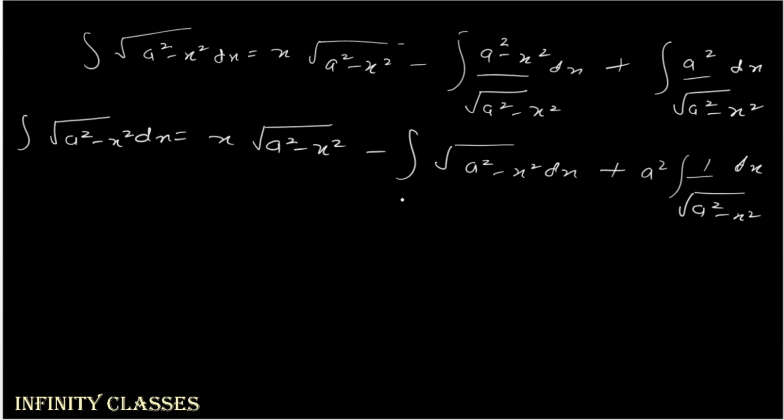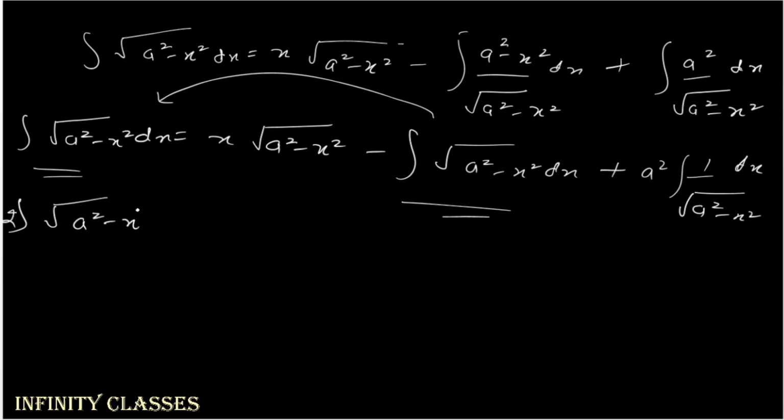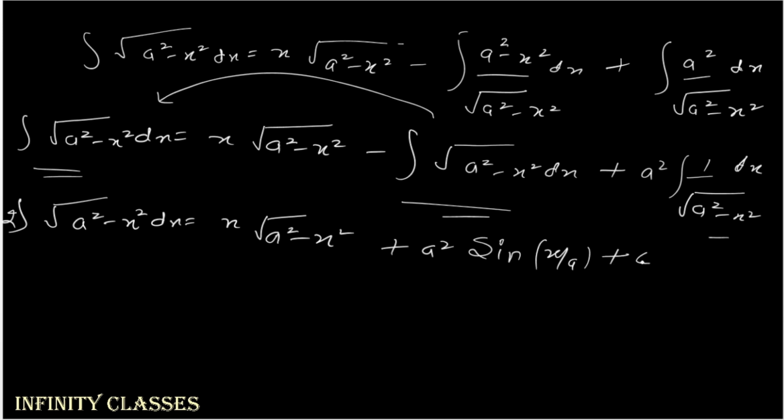Now these two parts are similar, so I will shift this part to the other side. It will be 2 times integration of root a square minus x square dx equals x root a square minus x square plus a square times integration of 1 upon root a square minus x square, and as we know, this is sine inverse x upon a plus c.